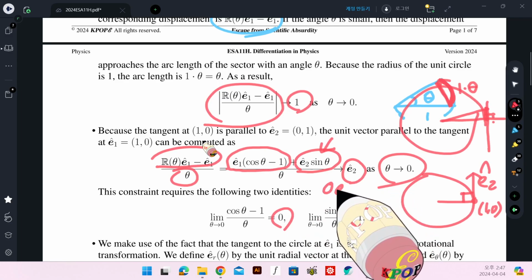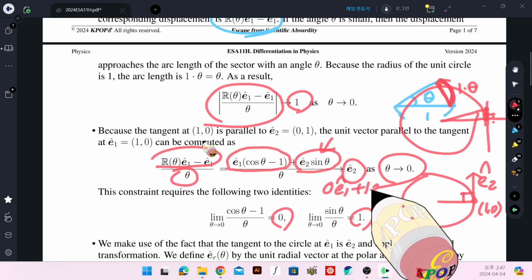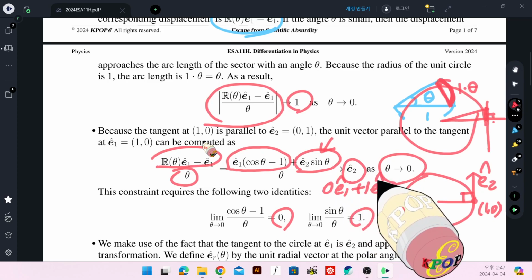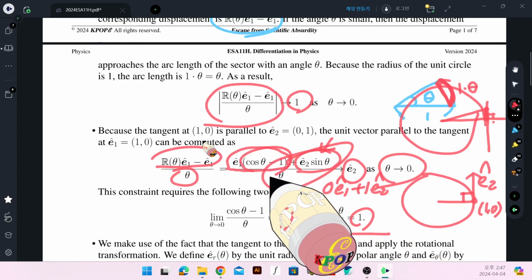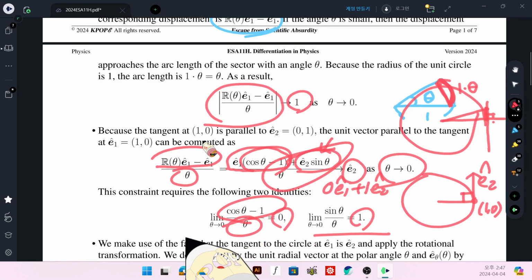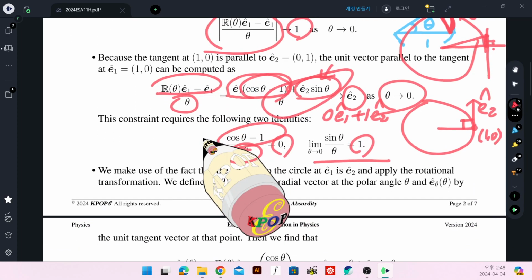So 0 times E1 hat plus 1 times E2 hat. Therefore, sine theta over theta approaches 1 as theta goes to 0. And cosine theta minus 1 divided by theta as theta goes to 0 approaches 0.